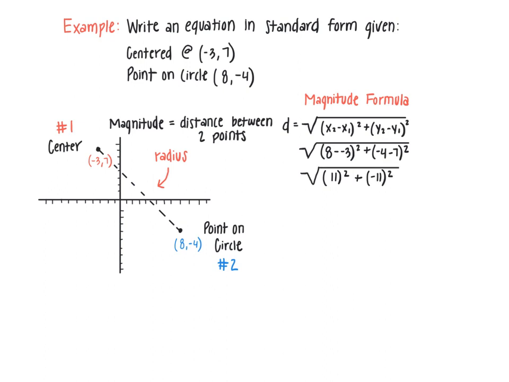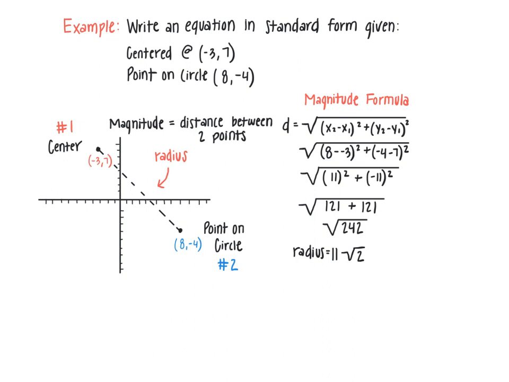So if we square those both, we get 121 plus 121, which added together is 242. So my most simplified square root would be 11 square root of 2. And this is going to be my radius.